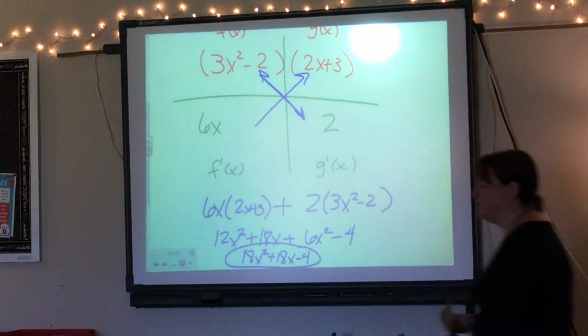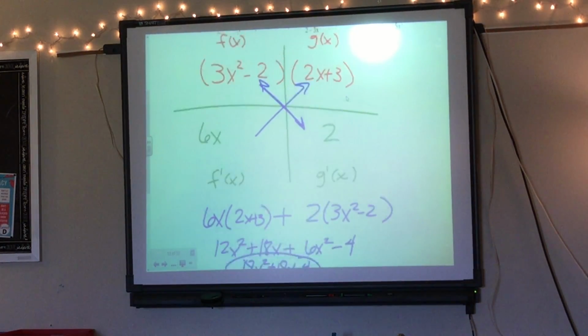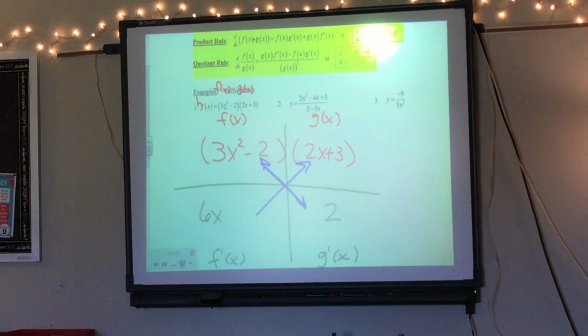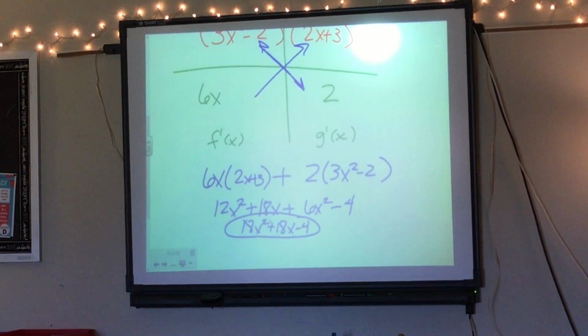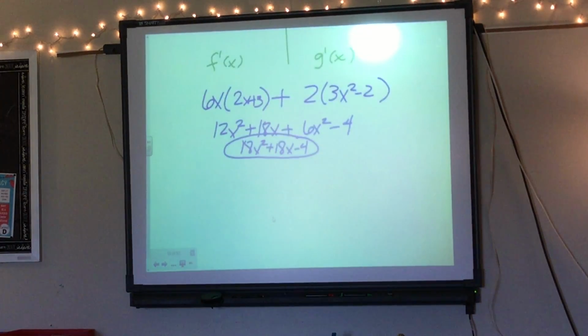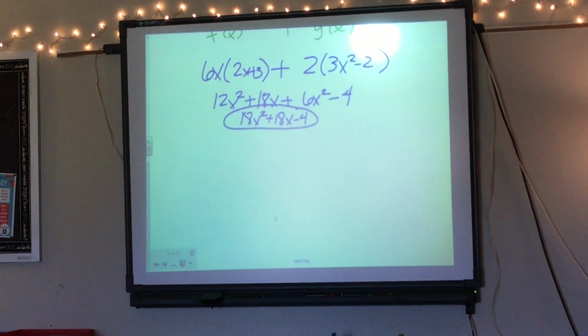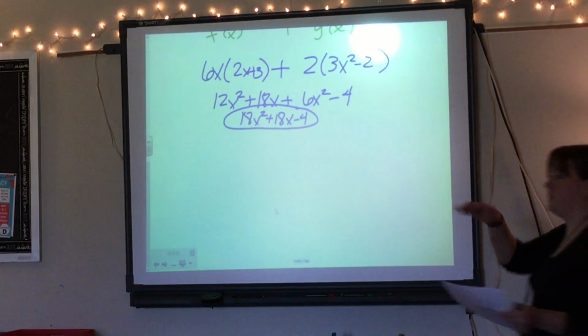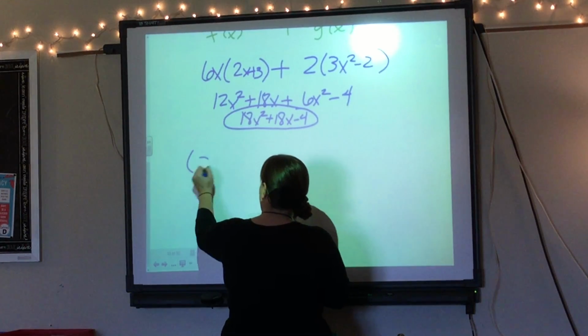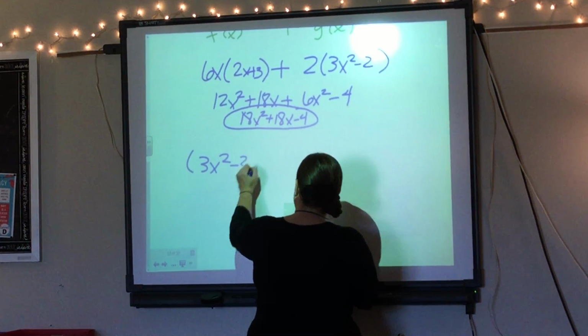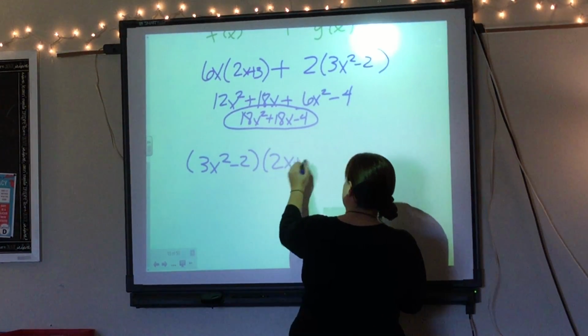So the derivative of this h of x up here, the derivative of this entire thing, is this. Do you guys want to check it with FOIL? Let's check this with FOIL: 3x squared minus 2 times 2x plus 3.